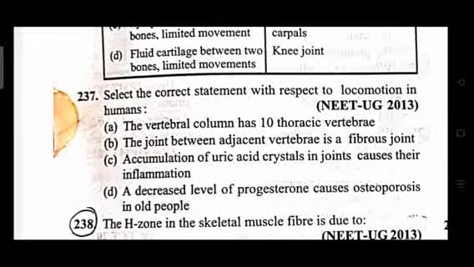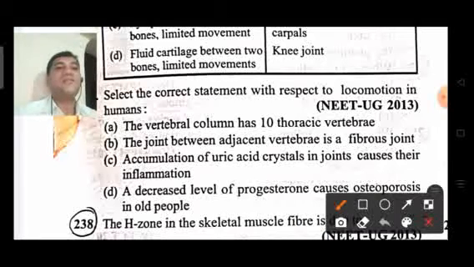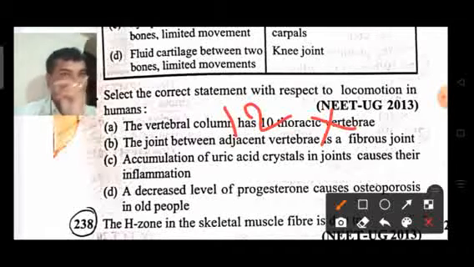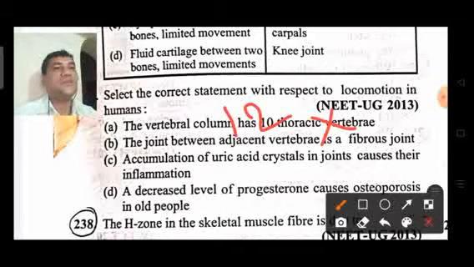The vertebral column has 10 thoracic vertebrae? It is 12, not 10, so this option is wrong. The joint between adjacent vertebrae is a fibrous joint?